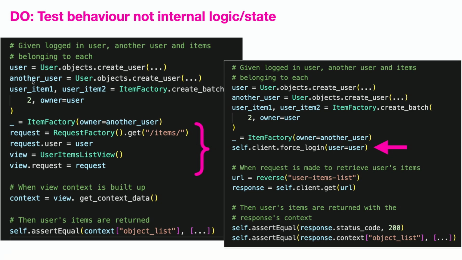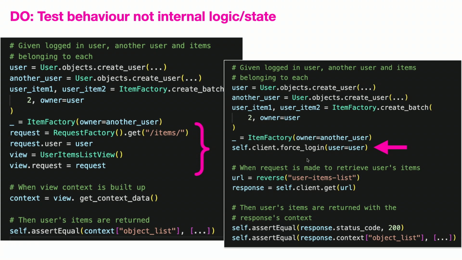I'm creating a couple of users, then 2 items for one user, and another item for another user. I'm assigning the user to the request object. I'm instantiating the request and then passing it to the view, because since I'm not using the client, I have to do manually what the authentication middleware usually does. So then I can test the context.